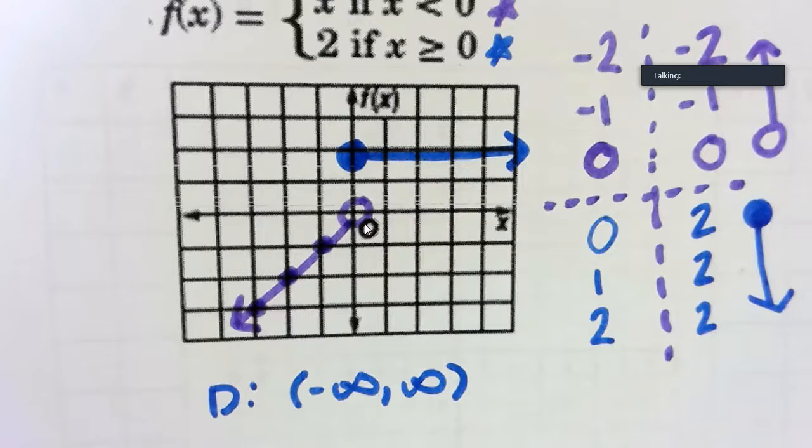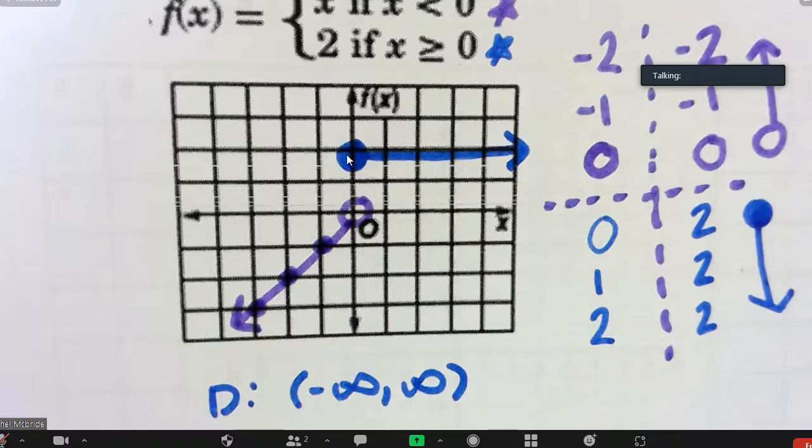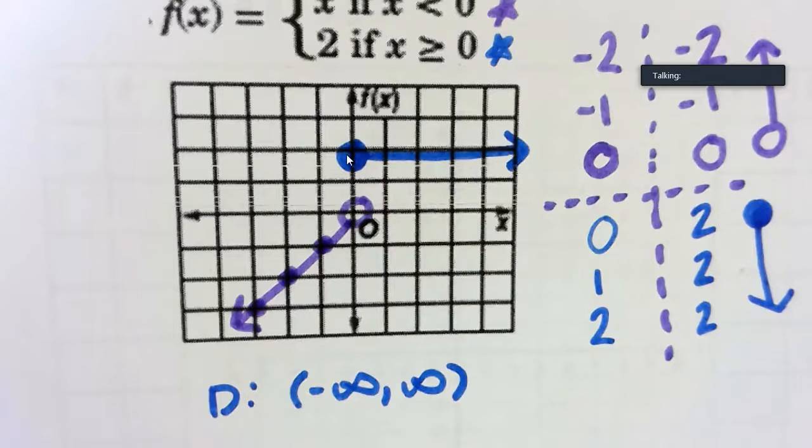So the range comes from this idea now too. If I ask you, does y equal 1? Is there any point on my graph where y is equal to 1? No. Does y equal 2? Yeah, a whole bunch, right? So my range includes y equals 2, because it happens here. And then, could y be negative 100?